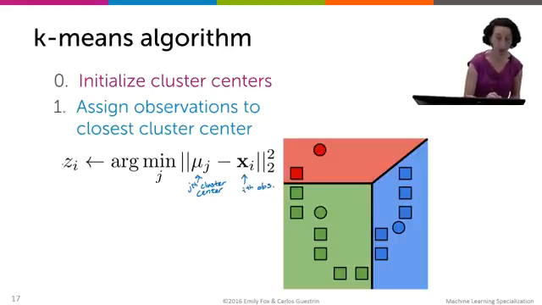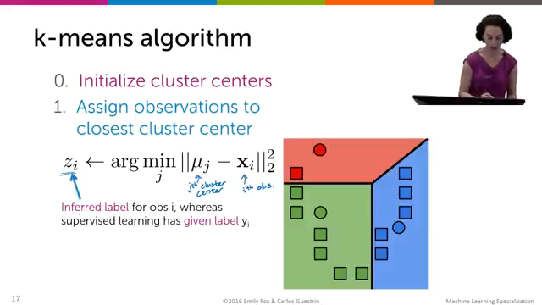This is the cluster label for observation i. Remember, this is our inferred cluster label for the ith observation, whereas in supervised learning, we were assuming we had a given label, yi.